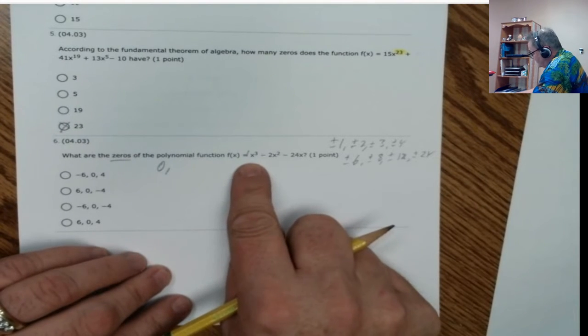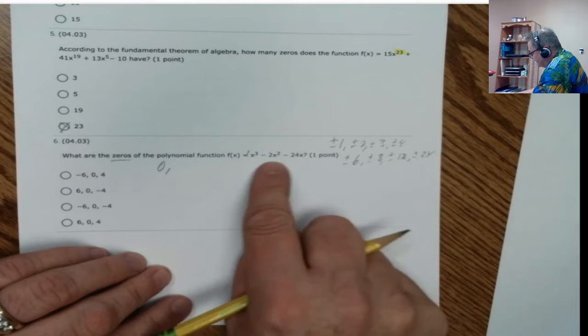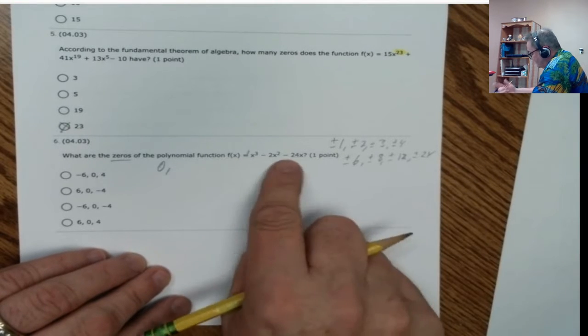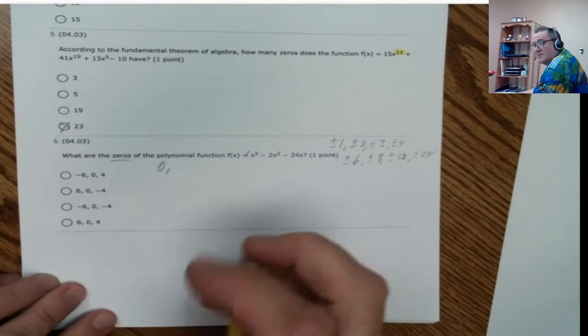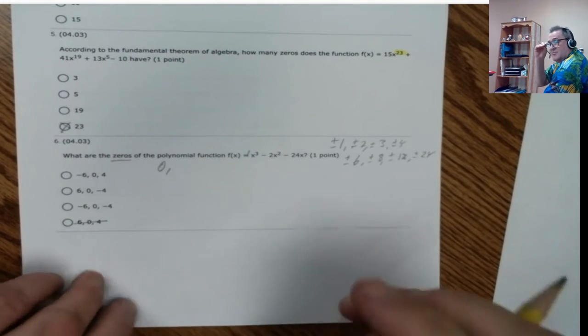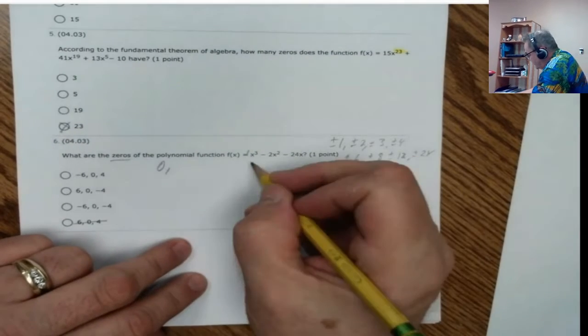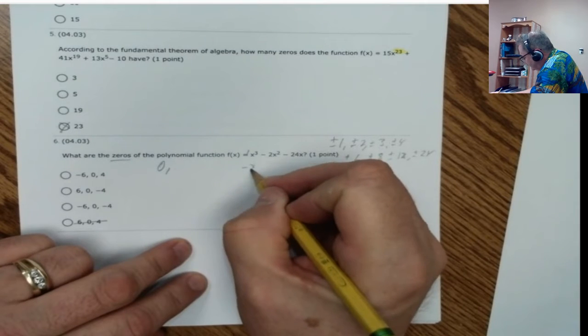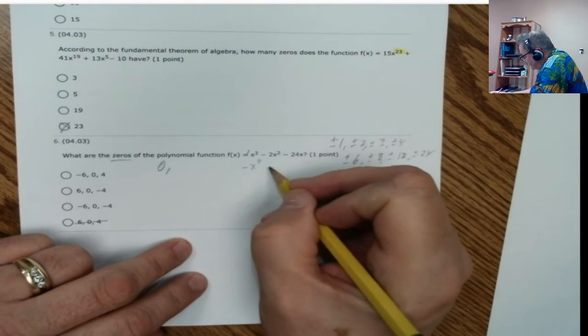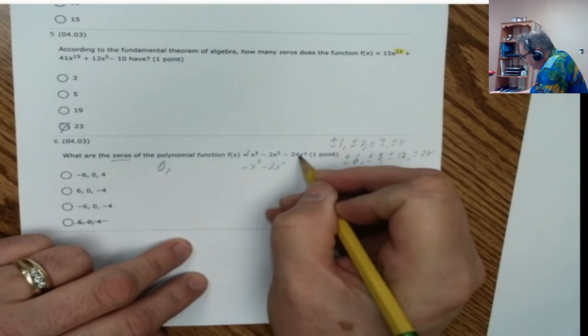We know using Descartes' rule, it's positive, negative. There's only one sign change. So there's only one positive real root. So that rules out this one already, because 4 and 6 can't both be a root. If we put negative x into there, negative x to the third becomes a negative x. This one stays the same.